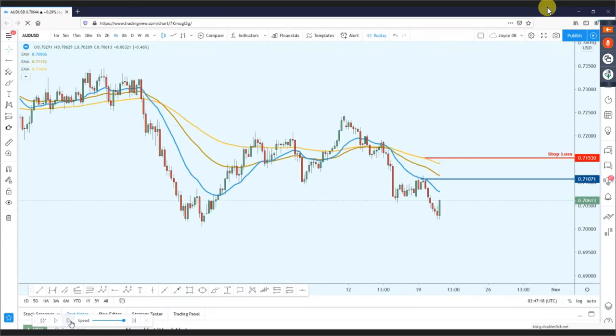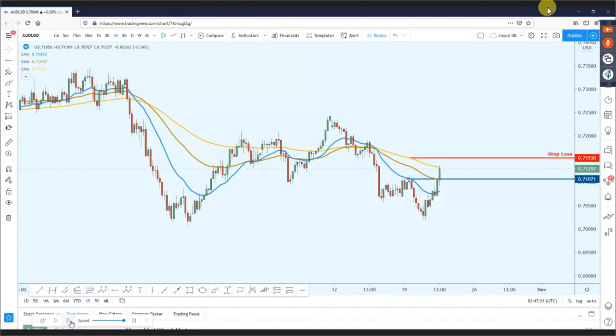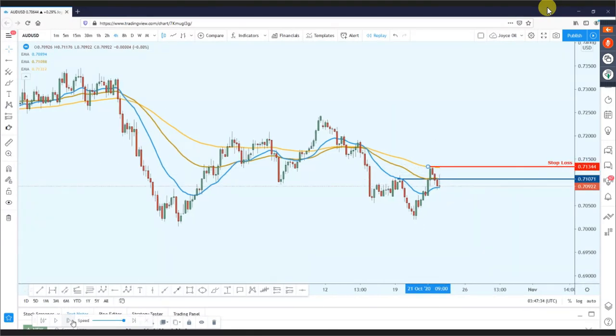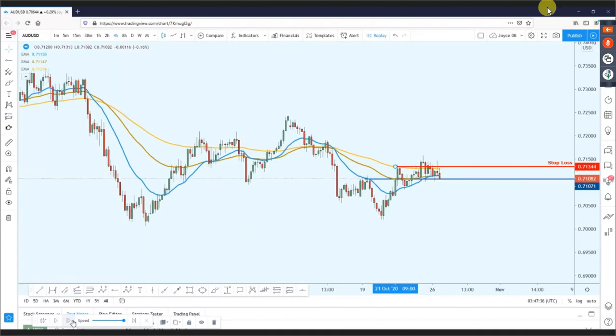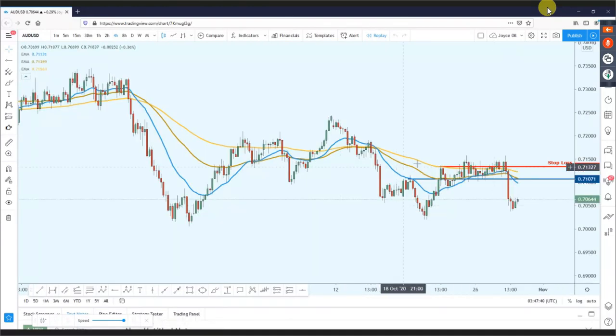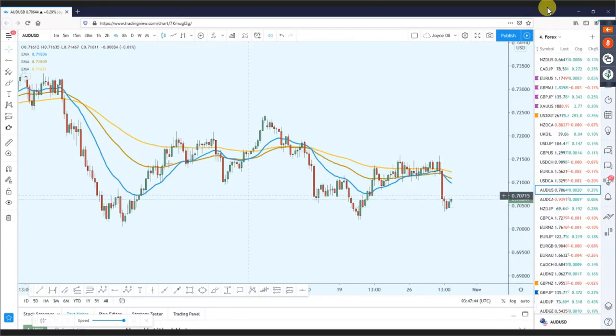Okay, so if I keep playing, buy entry, now it's coming close. And if you move your stop loss to where the golden is, you would have been stopped out. Which is good because market went back to consolidation. Okay, so let's try this indicator again with another pair that is hopefully less sideways trending.